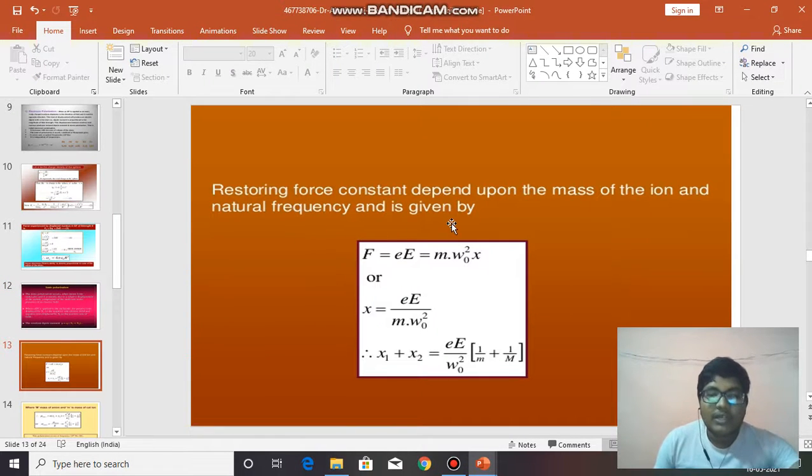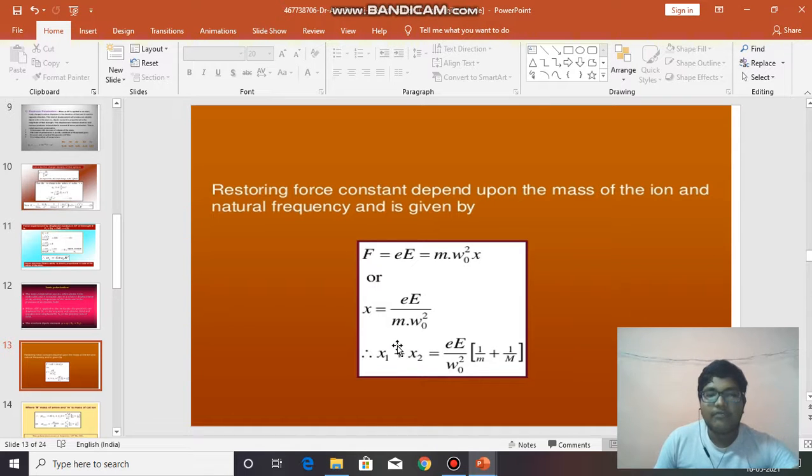The restoring force constant depends upon the mass of the ion and the natural frequency, by which F equals e into capital E equals m into omega naught square into x, by which we can derive the formula x equals e into capital E by m into omega naught square. For x1 plus x2, the capital E is constant and omega naught is also constant.